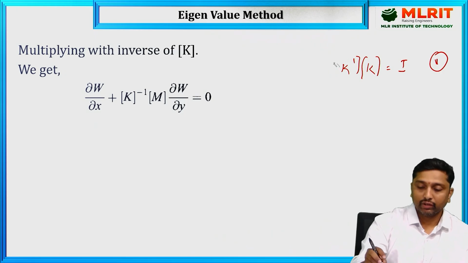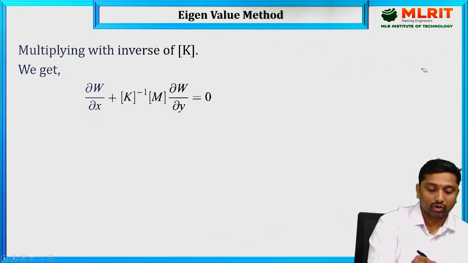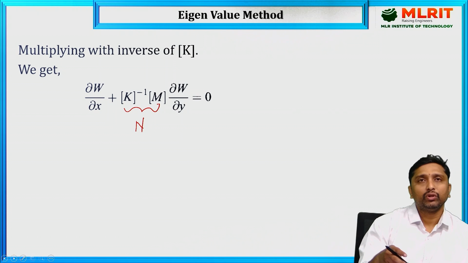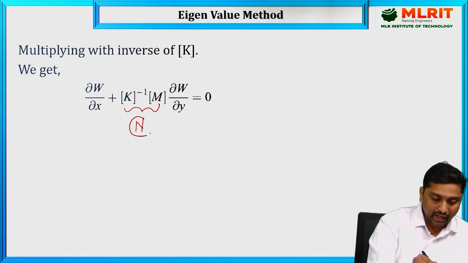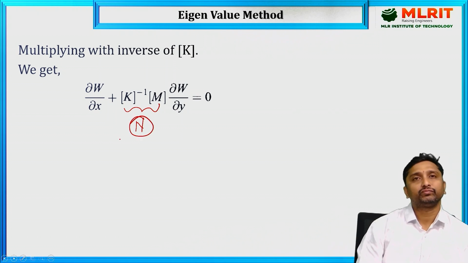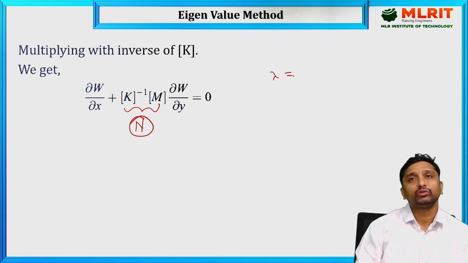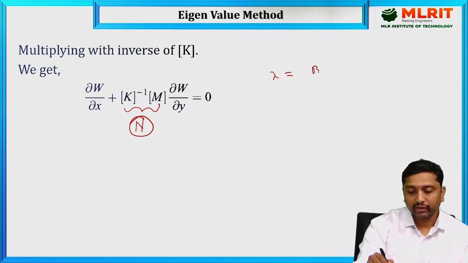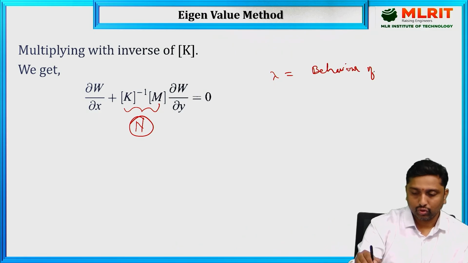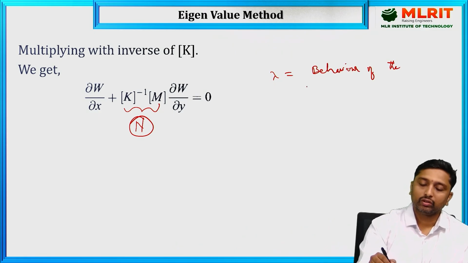Now if you observe the K inverse into M, I'll represent it with some value N. If I find the eigenvalues for this matrix N, the nature of roots or nature of eigenvalues will give me the behavior of the equations.